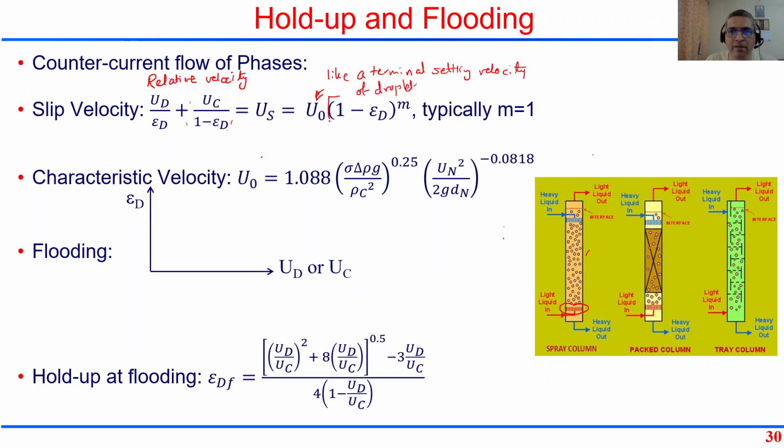And this 1 minus epsilon d raised to m takes care of the hindrance effect. Do you remember when we were talking about fluidization, you would have done something called hindrance effect, you would have done something called a Richardson-Zaki index. Do you remember that? Anybody?